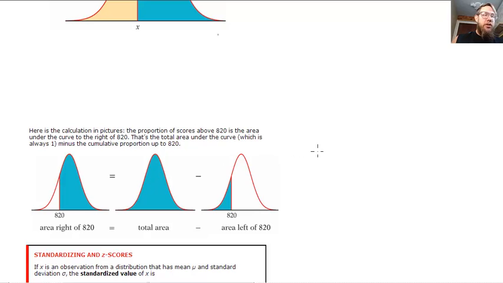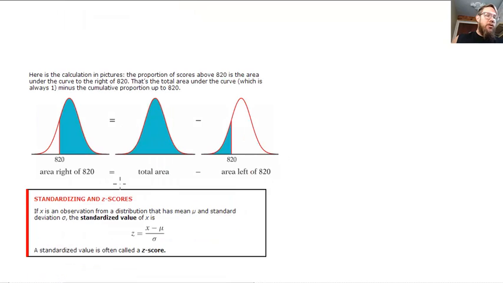So this is the way we calculate values that are greater than something or at least something. The first thing we need to do is to standardize our 820 score. In order to standardize it, we take the value 820, we subtract the mean, and we divide by the standard deviation.